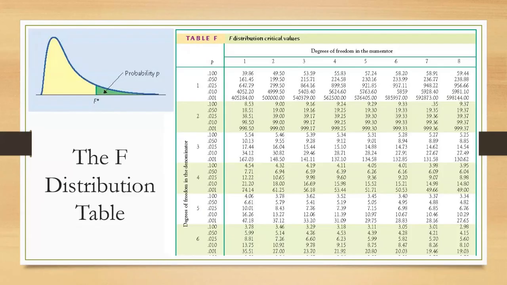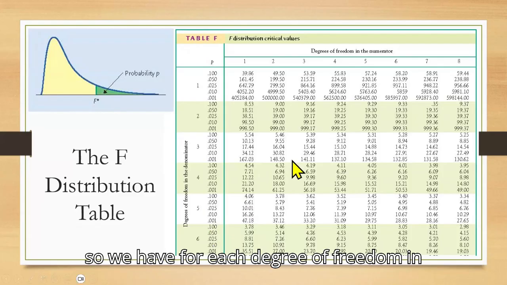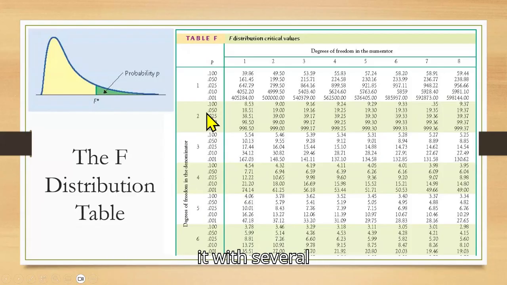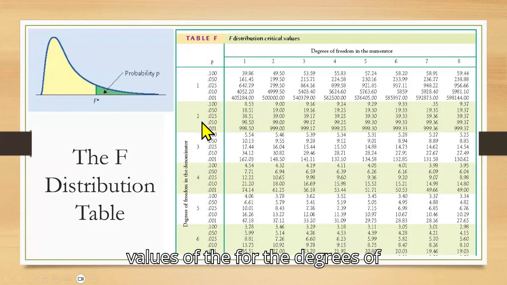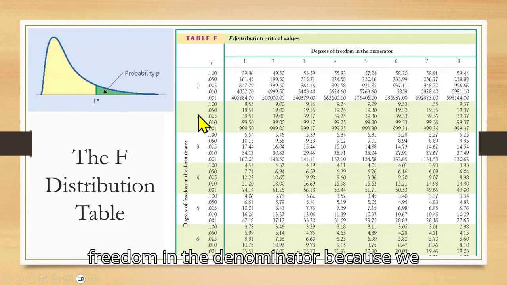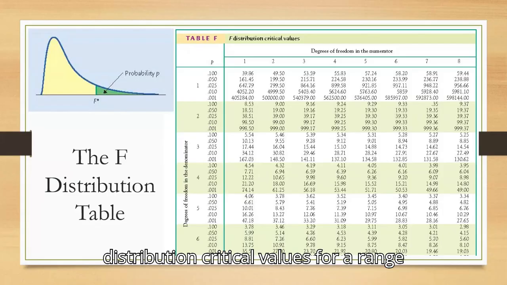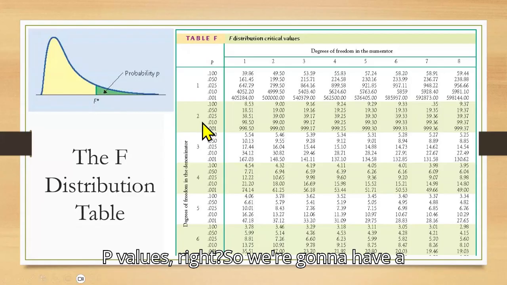Okay. So for each degree of freedom in the numerator, we have to associate it with several values for the degrees of freedom in the denominator, because we want to give the F distribution critical values or a range of p-values.